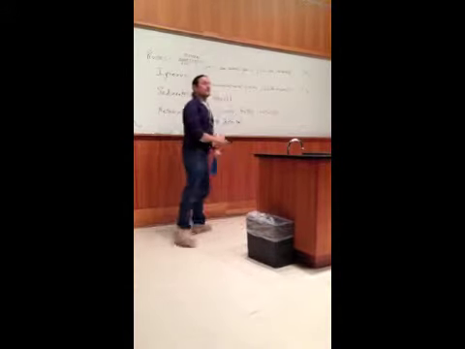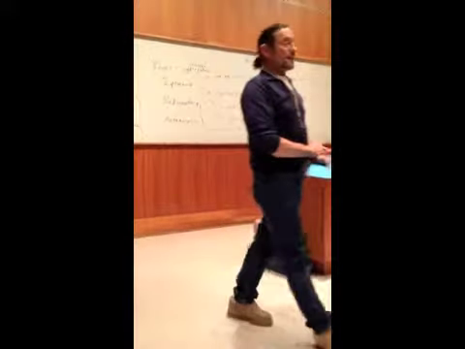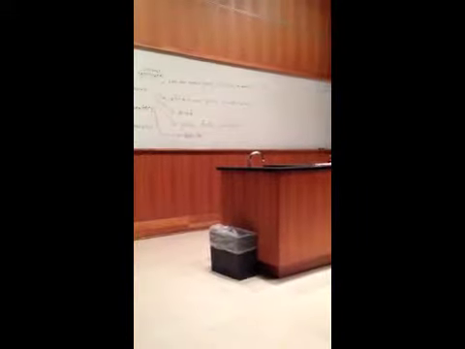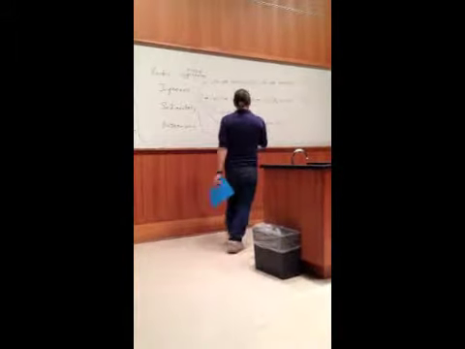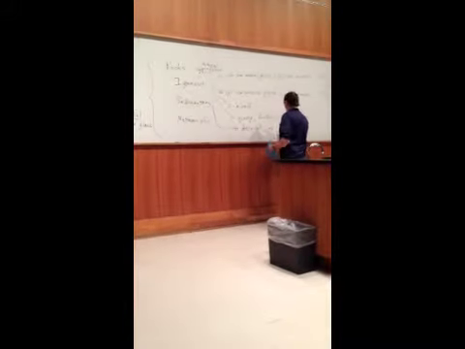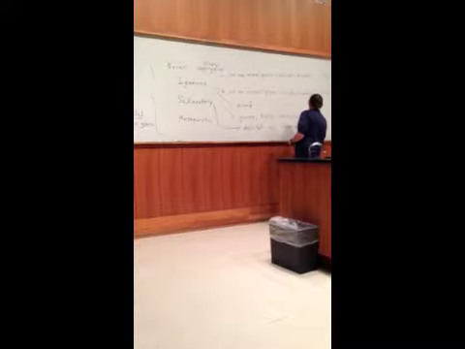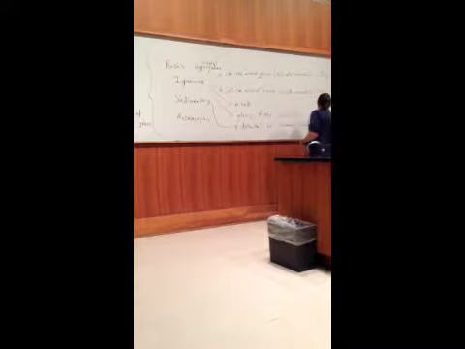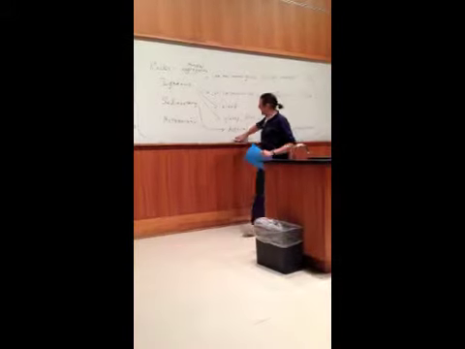Does anyone know what the word detritus means? There's another one called chemical or biochemical or organic. So either the rock is detrital or it's chemical, biochemical, or organic. So what does detritus mean?